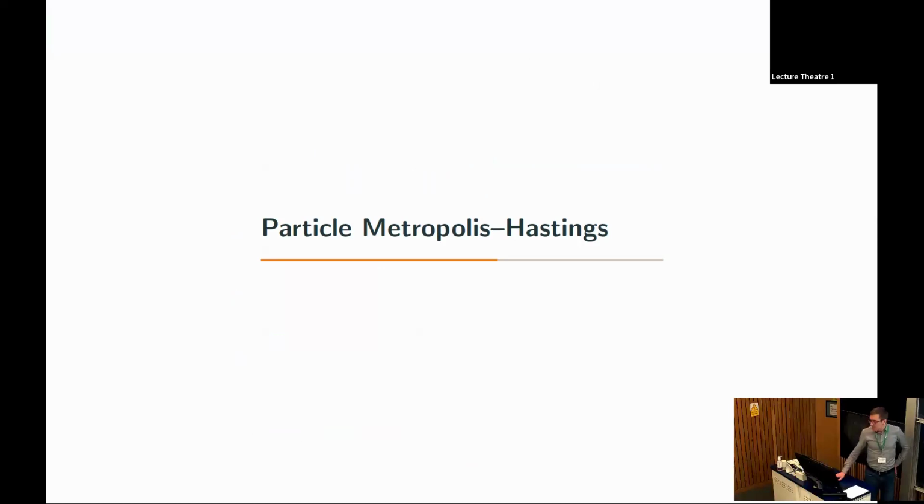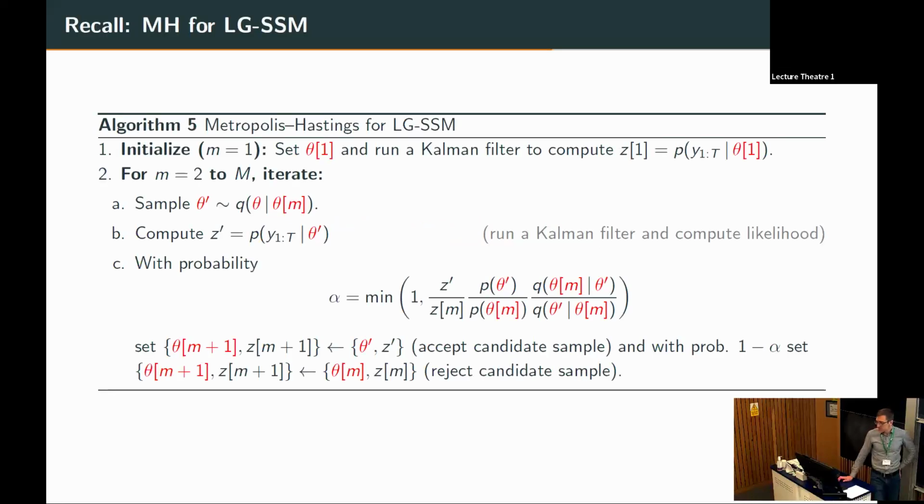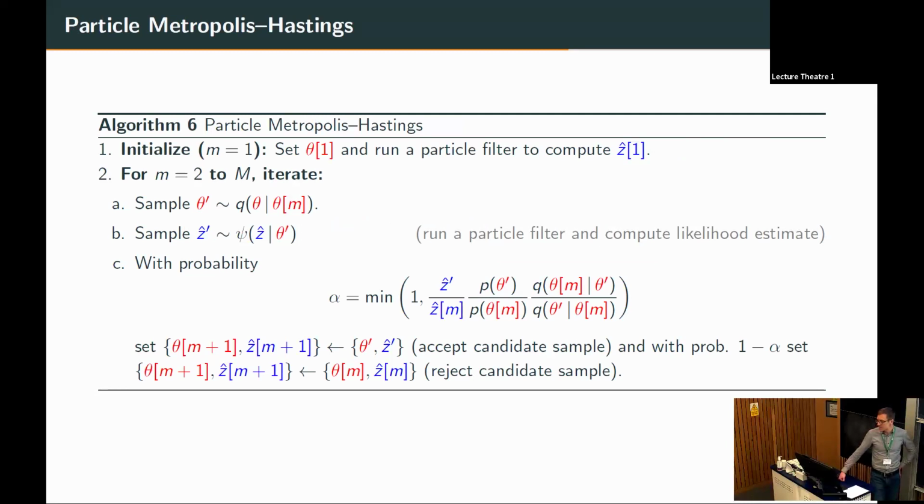Okay, with this, we're now ready to derive this particle Metropolis-Hastings algorithm. Going back to what I showed you before about doing exact Metropolis-Hastings for a linear Gaussian state space model, where we could evaluate the likelihood using a Kalman filter, the algorithm looks like this. What we're going to do now is just replace the Kalman filter with a particle filter. So it looks very similar.